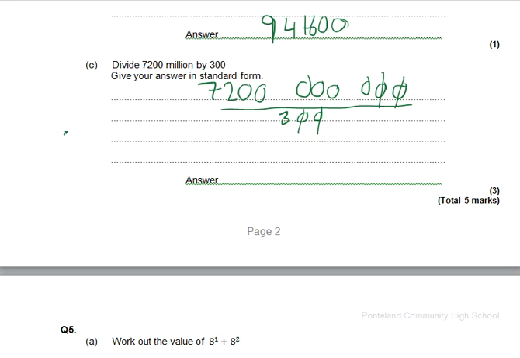So I'm just going to come to the side. 3 into 72000. 3 into 7 goes twice, remainder 1. 3 4s are 12, and then we've got our 0, 0, 0, 0. Just make sure 1, 2, 3, 4, 5, 6.